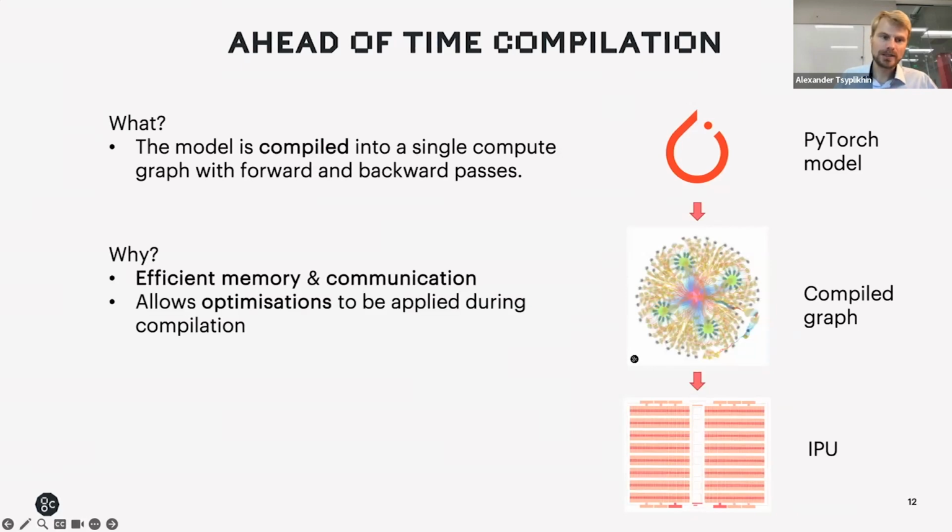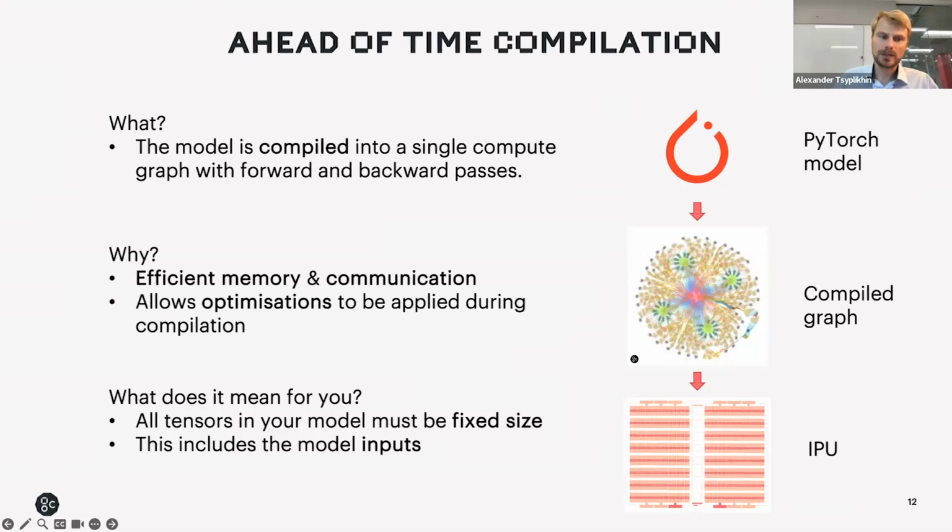This is beneficial for us because we can structure the communications and memory allocations on the chip in a more optimal way. And for us, that means that we need to slightly change the structure of the tensor shapes that PyTorch Geometric produces and uses.